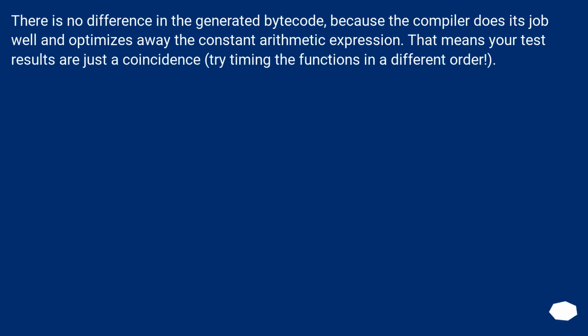There is no difference in the generated bytecode, because the compiler does its job well and optimizes away the constant arithmetic expression. That means your test results are just a coincidence. Try timing the functions in a different order.